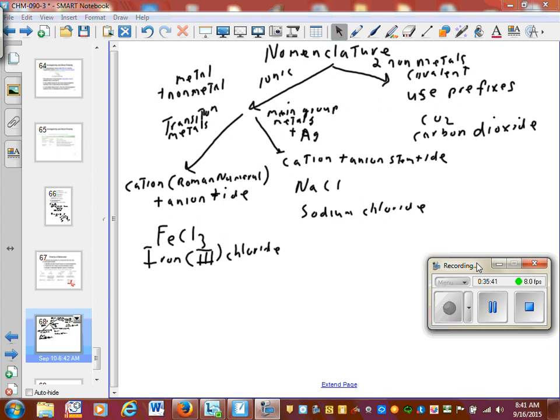If it's a main group metal, or silver, so column 1, column 2, column 3, use the cation plus the anion stem plus IDE. NaCl would be an example of sodium chloride. If you follow the flow chart, you should be able to tell me how to name it.